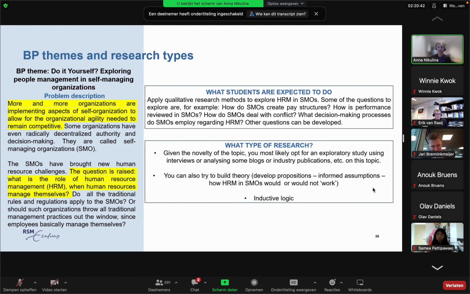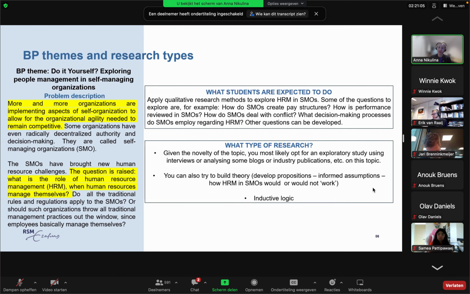And then the type of research behind there, given the novelty of the topic, it was possible to do an exploratory study, but it's also possible to build theory. And that would be, I think, a much more valuable study if the research output would be assumptions about how certain processes in the HR field can work in these organizations.